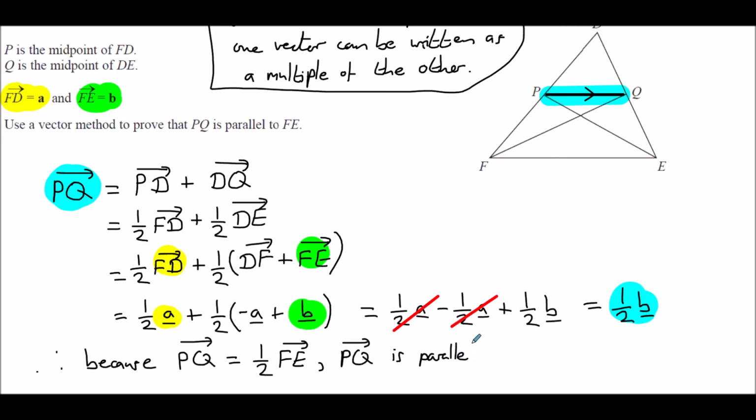We've shown that one vector is a multiple of the other. PQ is half of FE. So PQ is parallel to FE.